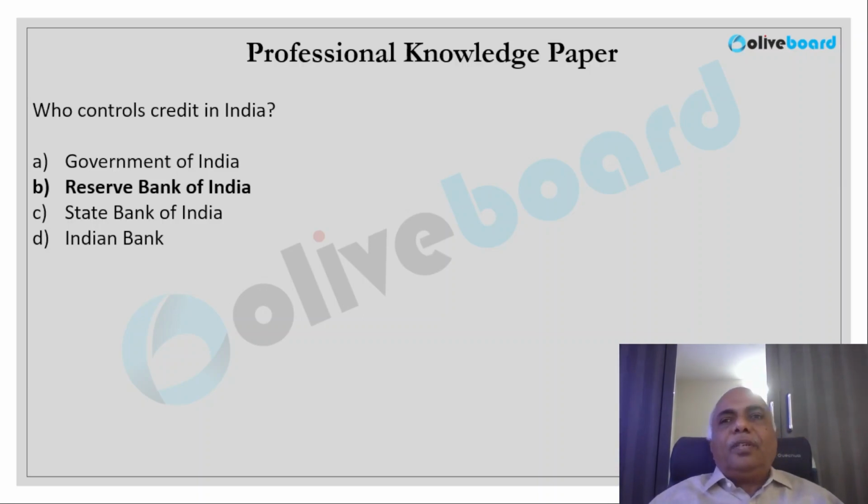Monetary policy through SLR, CRR, repo rate, reverse repo rate, bank rate, open market operations, and liquidity adjustment facility. So a number of tools are devised from time to time. To control the credit through the banks, the Reserve Bank of India uses monetary policy. So, who controls the credit in India? The Reserve Bank of India.